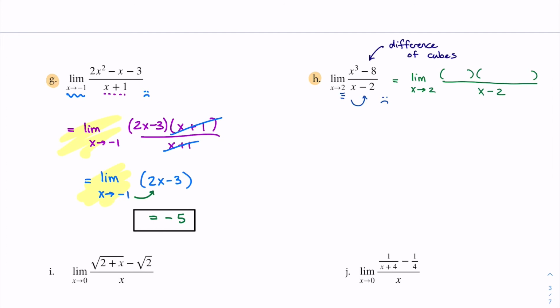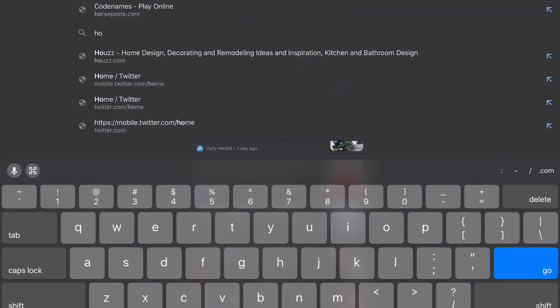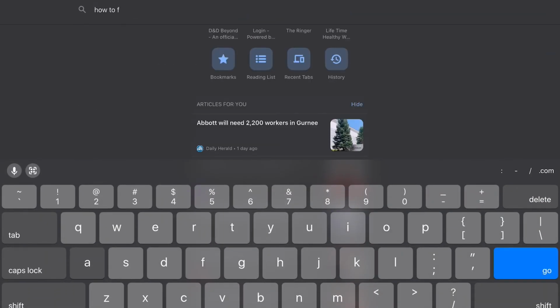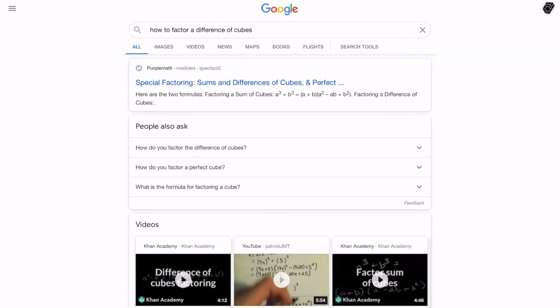Go ahead and Google. And we do that by just typing in how to factor a difference of cubes. And apologies if you remember how to do this. That's good. I just wanted to show you that this is something we can do here.